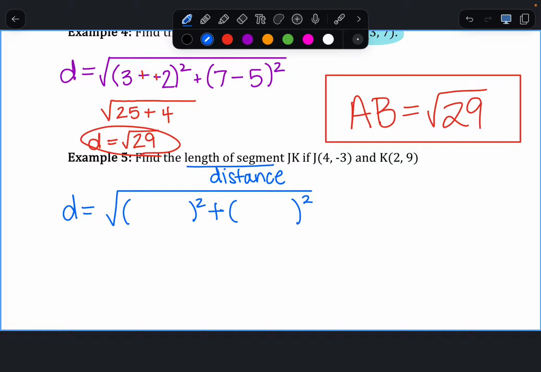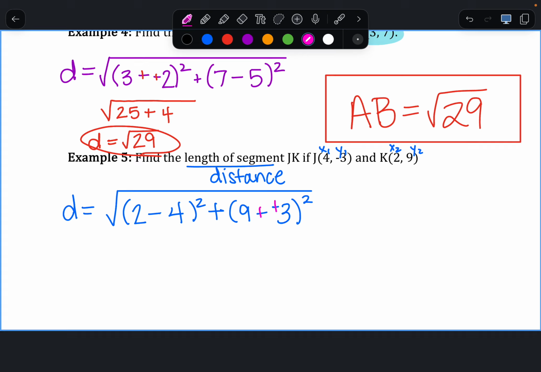What is x2? 2. Minus x1. Just remember. Okay. What about y2? 9 minus negative 3.